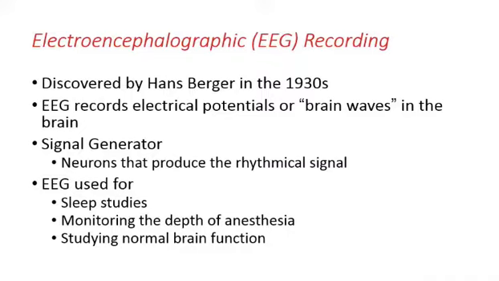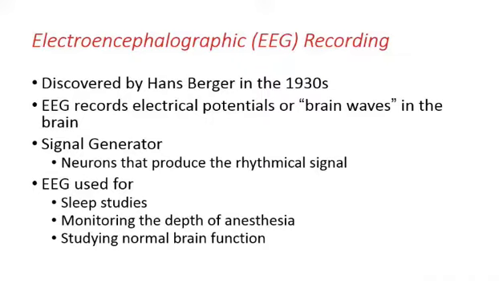The EEG recording was discovered by Hans Berger back in the 1930s. EEG records electrical potentials or brain waves in the brain. There's presumably a signal generator which reflects the neurons that produce the rhythmic signal that we're observing in these electrical potentials in the brain.